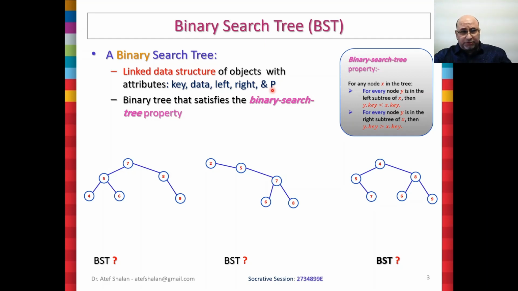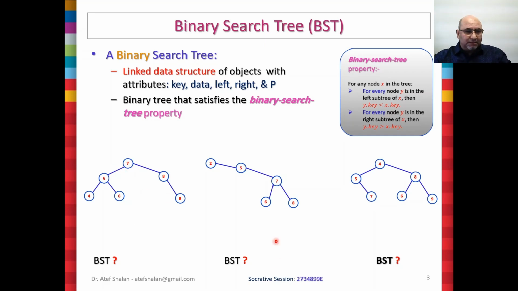Well, as binary search trees, these trees should satisfy the binary search tree property. The property simply says that for every node in the tree, all the nodes that are on the right must have keys that are larger than the key of this node, and all the nodes that are on the left must have keys that are smaller than this node.